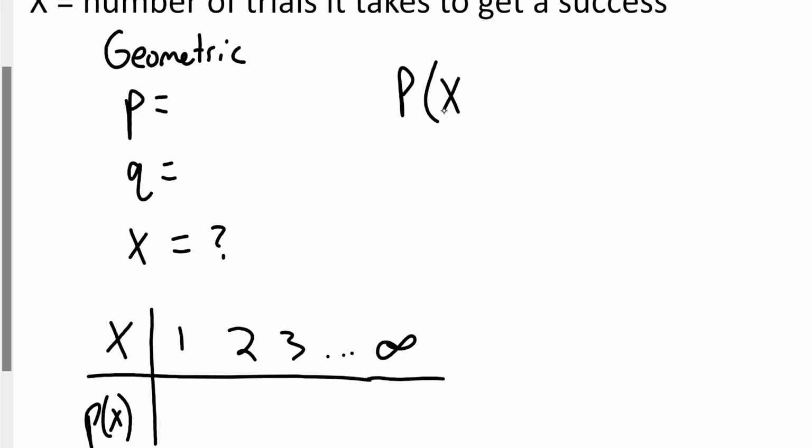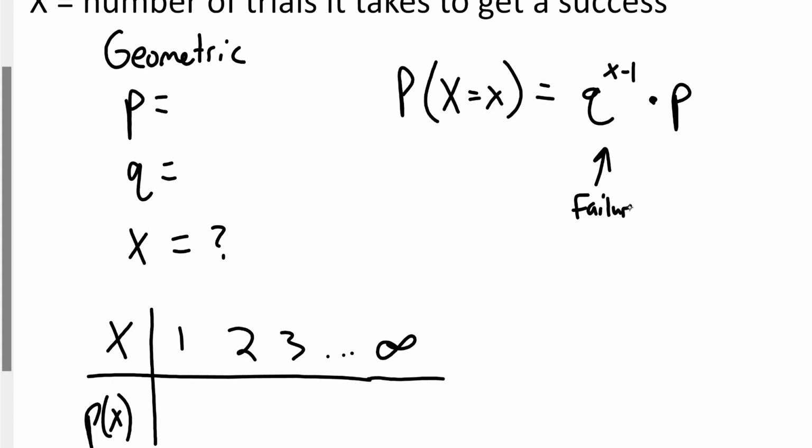The probability that X is equal to a certain x value is Q to the x minus 1 power times P. So failures, and then our final one is a success. Success has to happen on the last one that we're looking for. There is no probability at 0. It doesn't make sense. It is considered discrete because you could have individual values here.